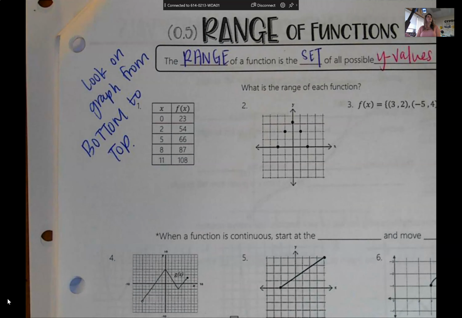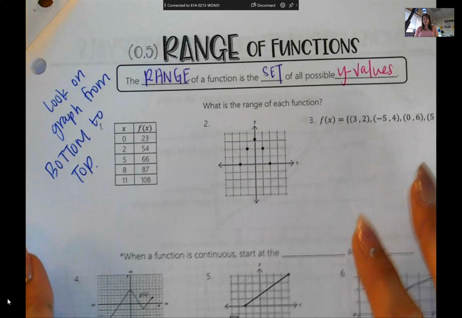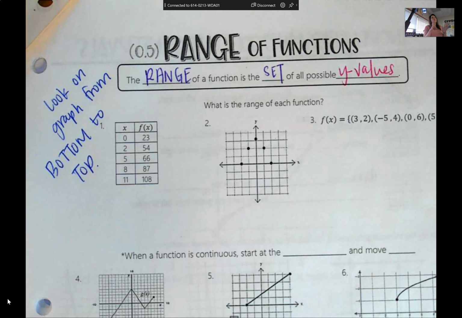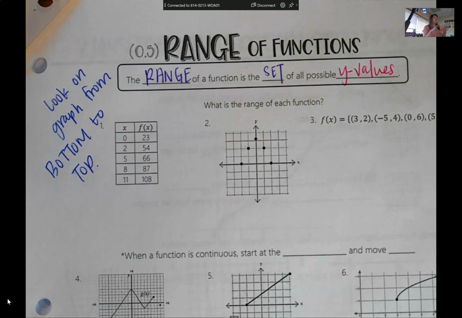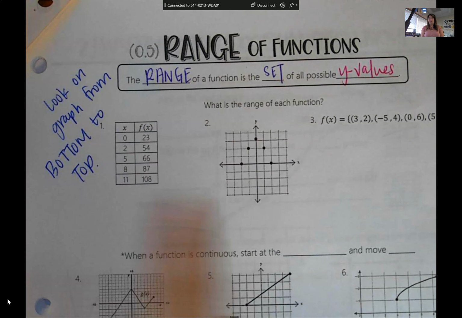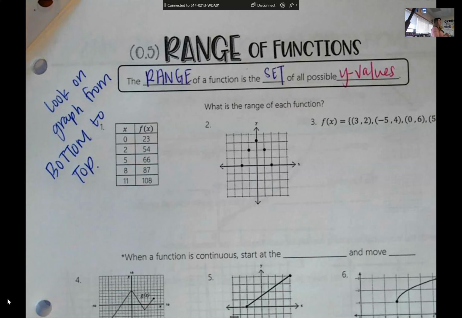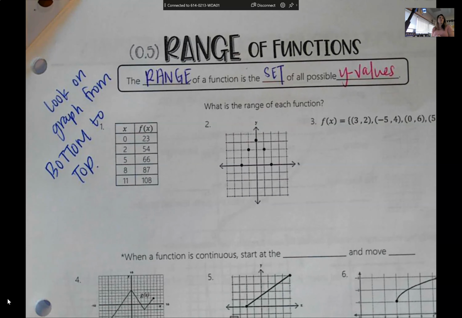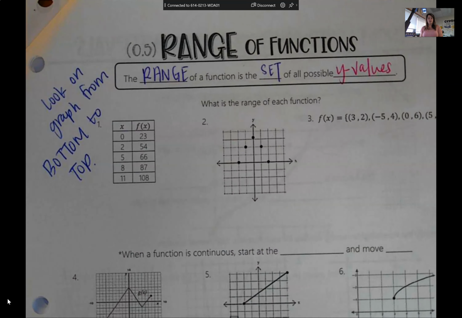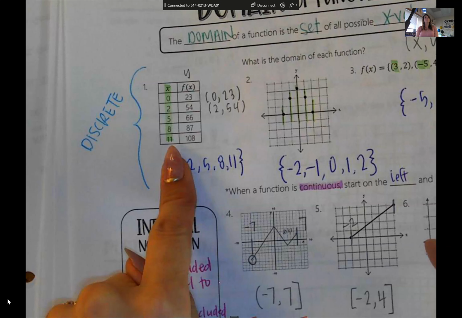Just like on our first set of domain problems, these are discrete functions. When we first learned domain, we talked about a discrete function, so we're going to do the same here. When we did domain, we looked at the x column for this same table.